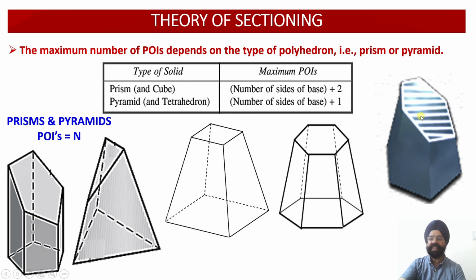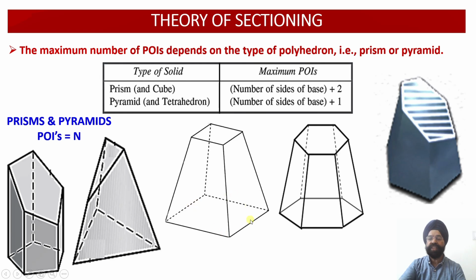Just see, this is a hexagonal pyramid. Again, this is a hexagonal pyramid. This is a square pyramid. This is a triangular pyramid. You can see the number of base edges is 3. The points of intersection are cutting the slant edges of the pyramid. So if my pyramid is cut through and through, through the slant edges, the number of points of intersection will be equal to the number of edges or corners of the base.